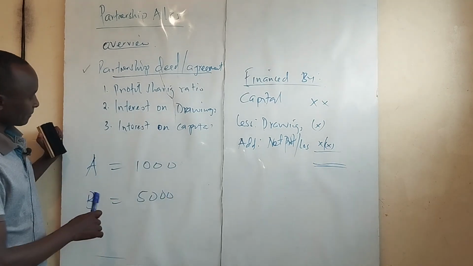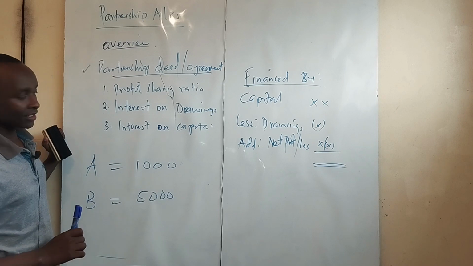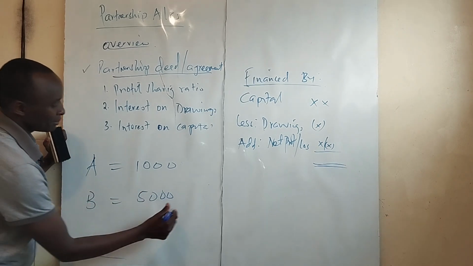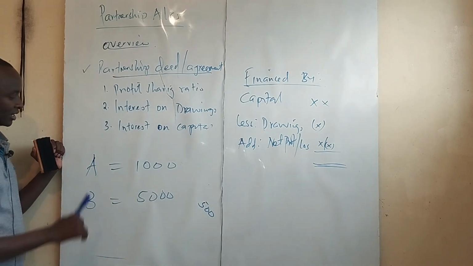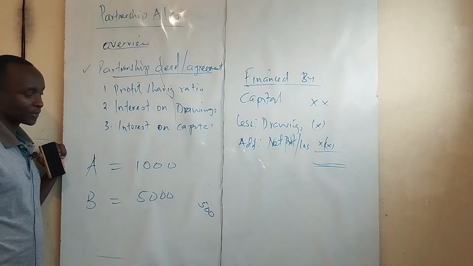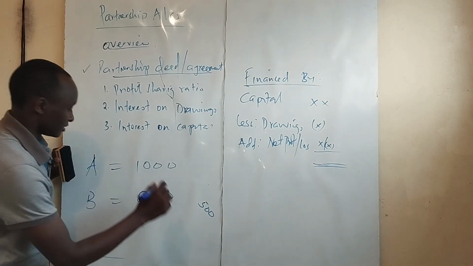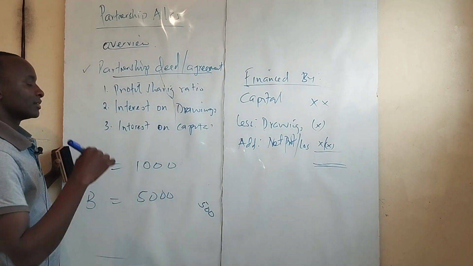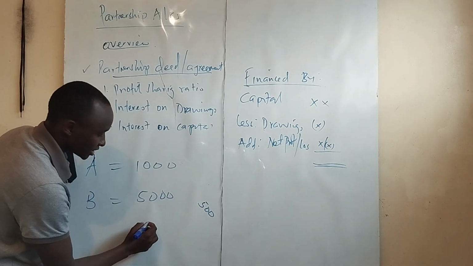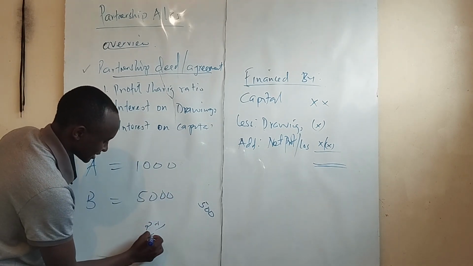So for instance, partner A withdrew maybe 500 from his capital, and the deed states that the interest on drawings is maybe 2%.